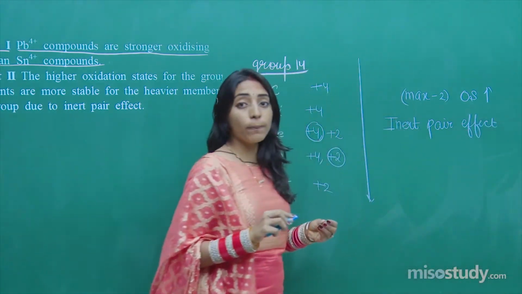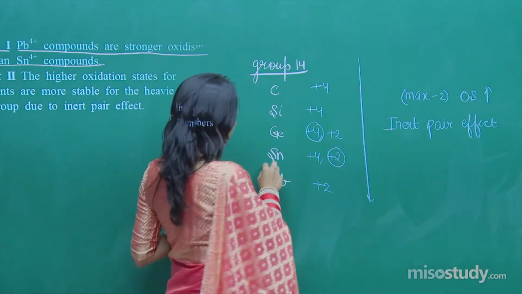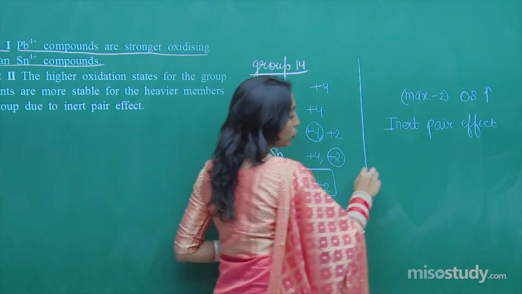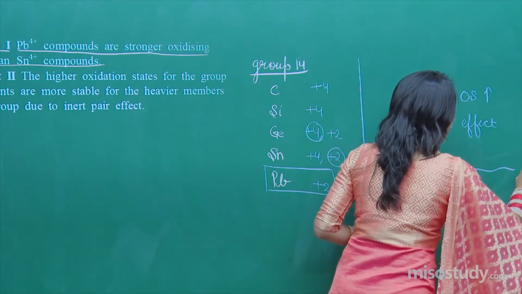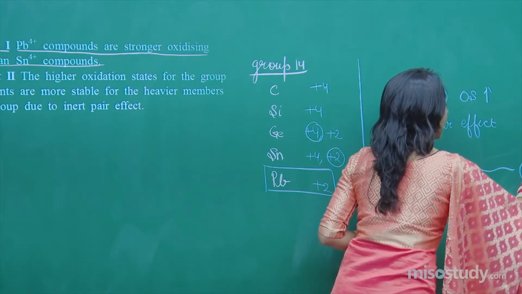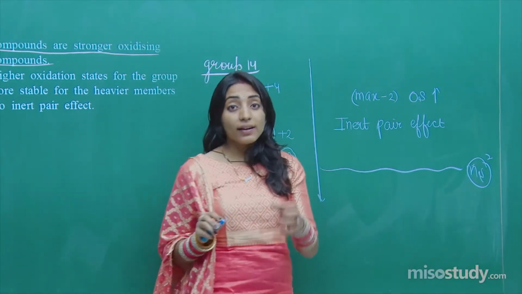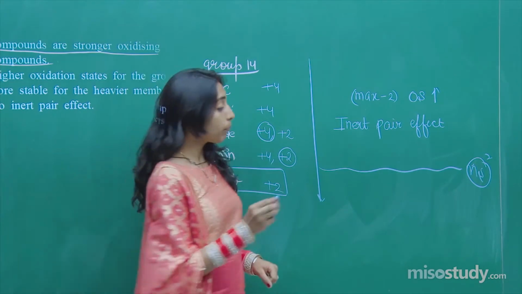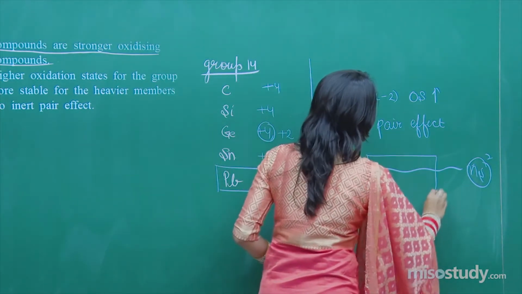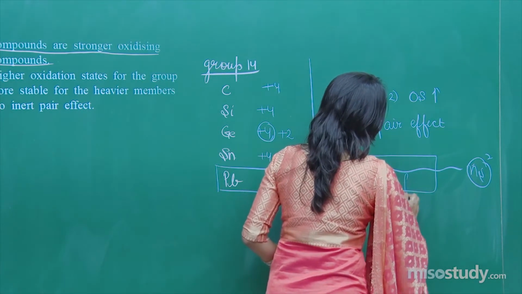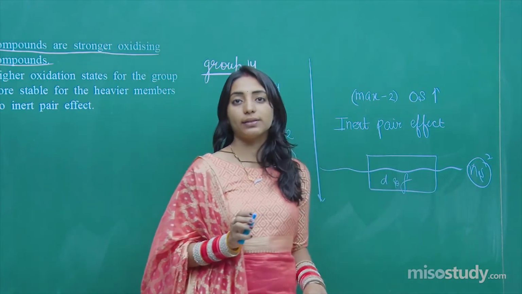And why is this so? This is because when you go down the group, the outermost ns2 electrons will be reluctant in taking part in bonding because of the poor shielding of d and f electrons which are present.